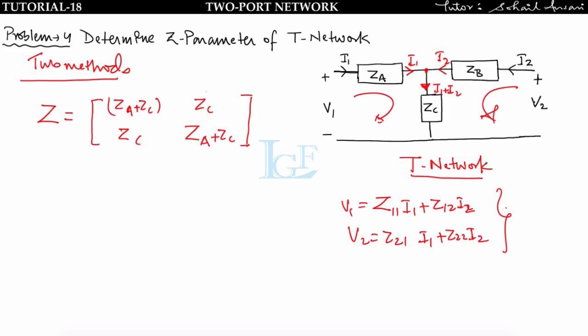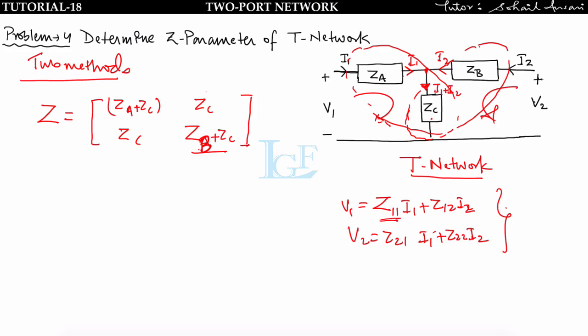So whenever you get any kind of T network, you have to remember that Z11 is ZA plus ZC, and Z22 is ZB plus ZC. Z11 is the open circuit input impedance.